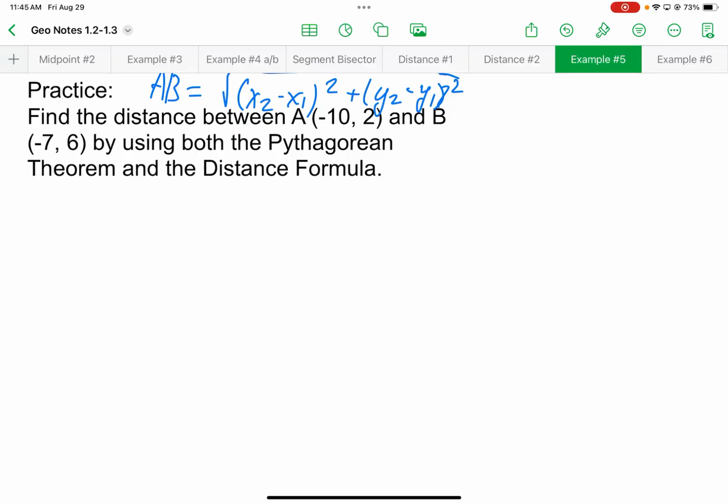You all right? Okay. Four squared is 16. It's okay. You're a human being.